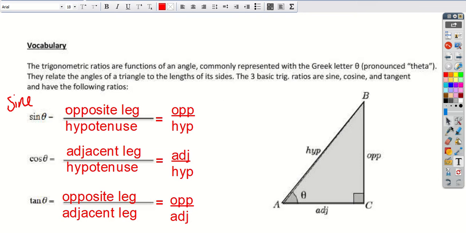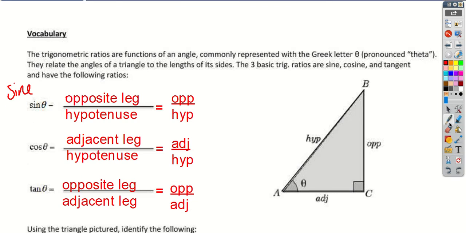And so some mnemonic devices, some ways that you can remember these for yourself: when I was learning, we learned this word, SOHCAHTOA. So sine is opposite over hypotenuse. Cosine is adjacent over hypotenuse.